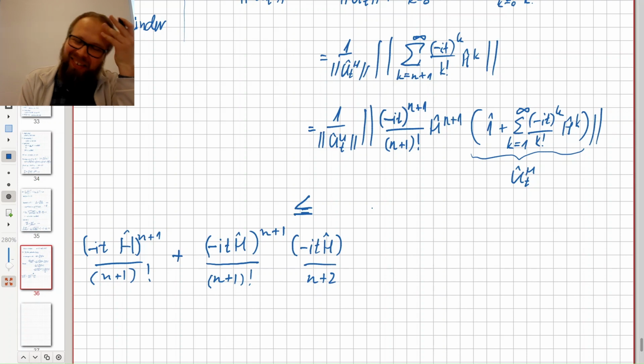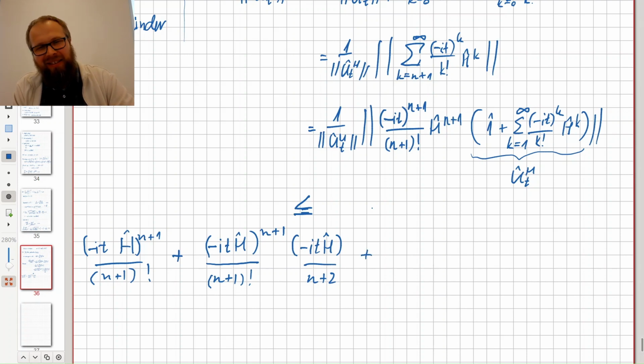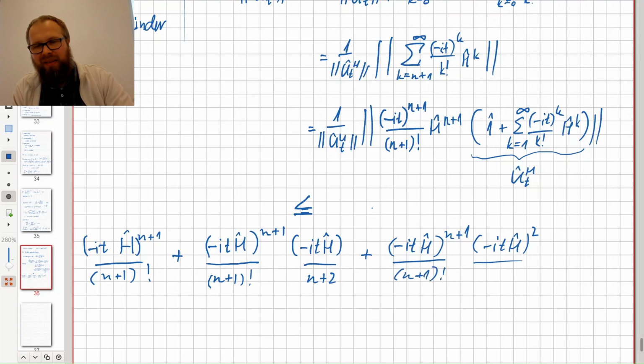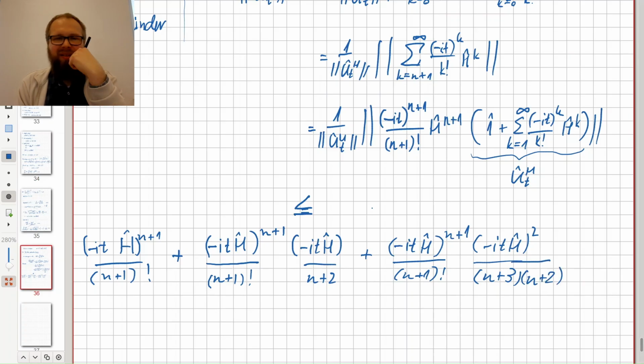Wait, so what are you taking common from all the terms? The factor with t to the power n plus 1 over n plus 1 factorial, times n plus 2, times n plus 3. Because it's n plus 2, you don't need n plus 2? Exactly, yeah, this is true.